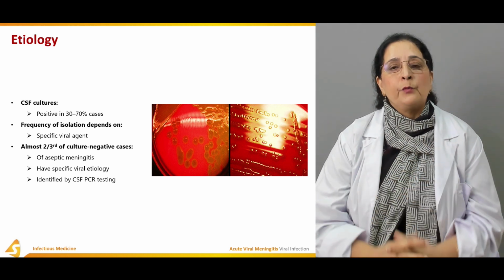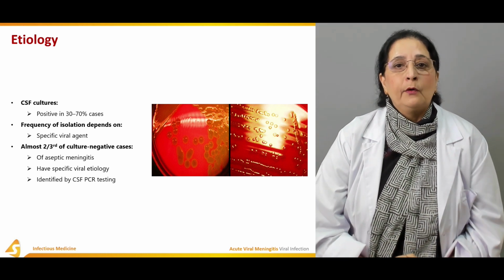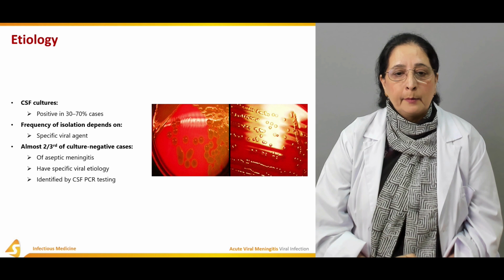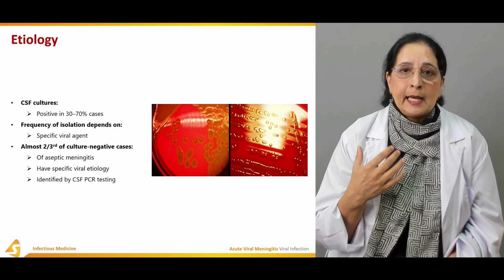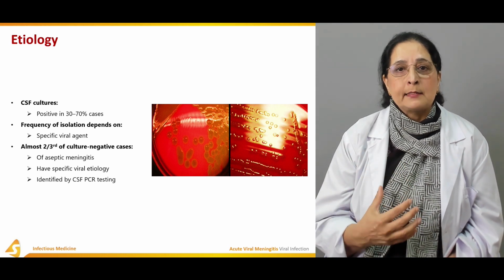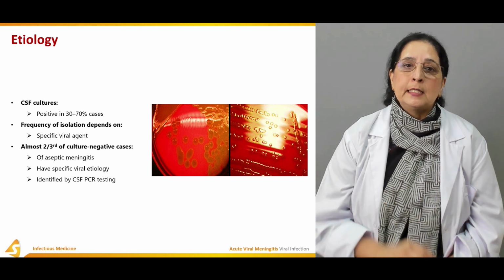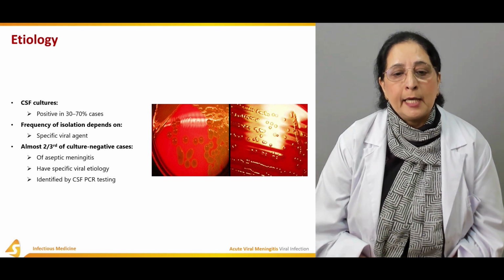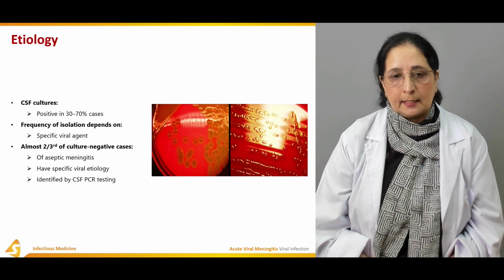All these are viruses commonly associated with viral meningitis. But in some cases, there is a negative culture even with specific viruses that can cause meningitis, and in those cases diagnosis can be made by CSF polymerase chain reaction testing.